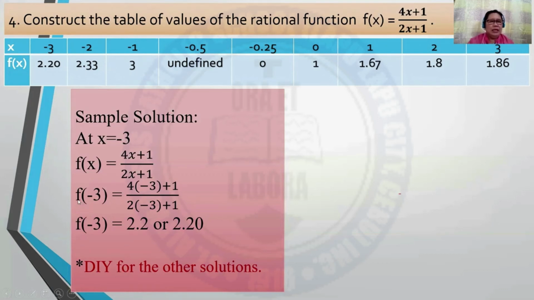So, solution, f of negative 3, change x into negative 3. So, there you have negative 3. Then do not forget you have plus 1, then plus 1. So this is negative 12 plus 1. The other one is negative 6 plus 1, which is equivalent to 2.2 or 2.20. And for the other solutions, you can do it yourself.